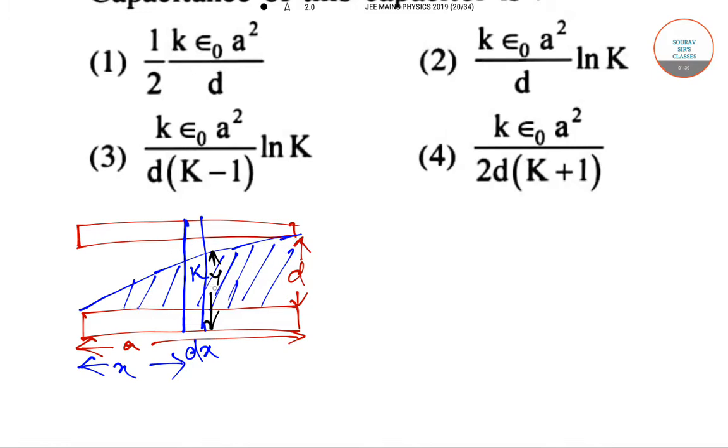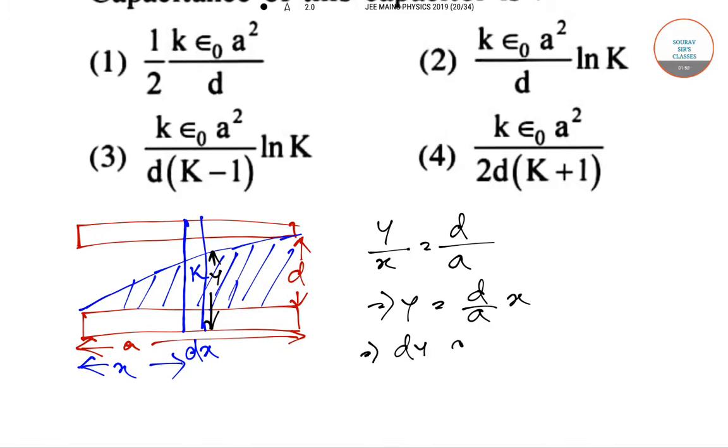From this figure, we can write the perpendicular distance divided by the horizontal distance equals d by a. So, y equals d by a into x, and so dy equals d by a into dx.